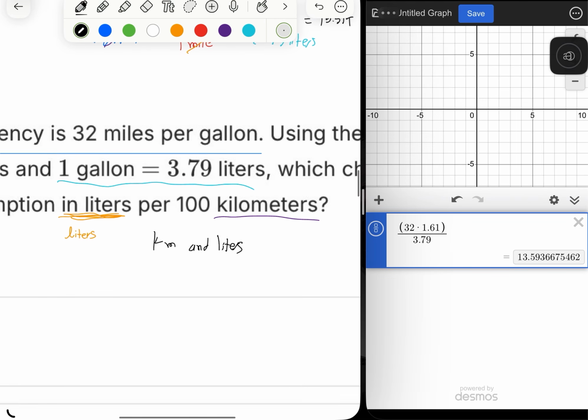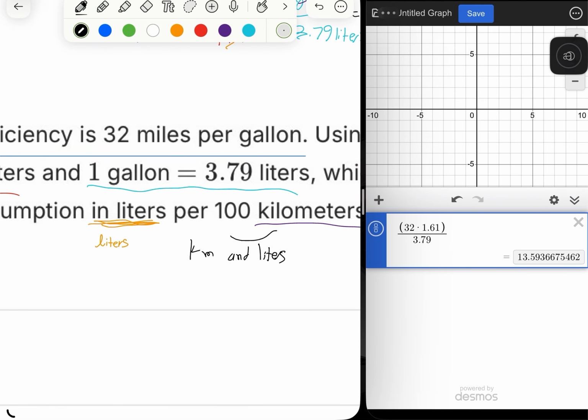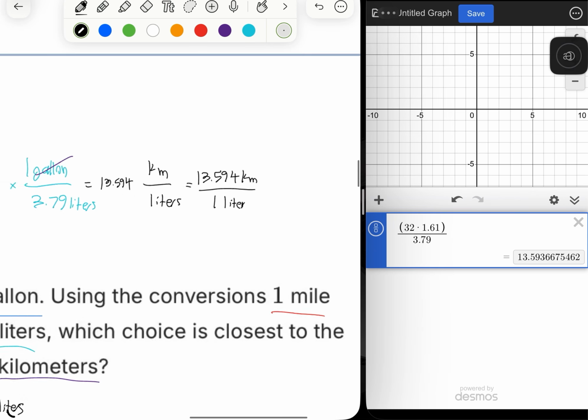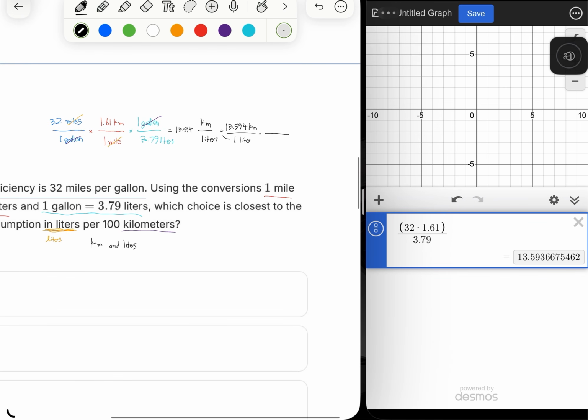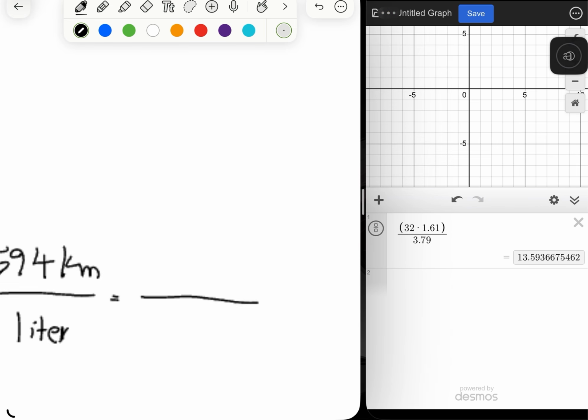And because we're trying to find the consumption per 100 kilometers, what you do is you make a proportion and set it equal to this. So you set this equal to, well, we know it's per 100 kilometers, so we have 100 kilometers on the top.